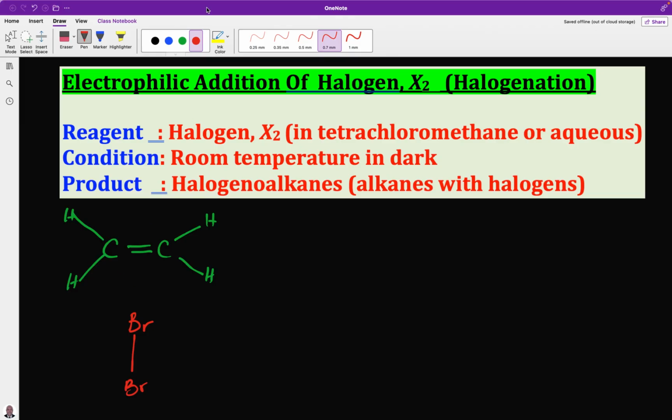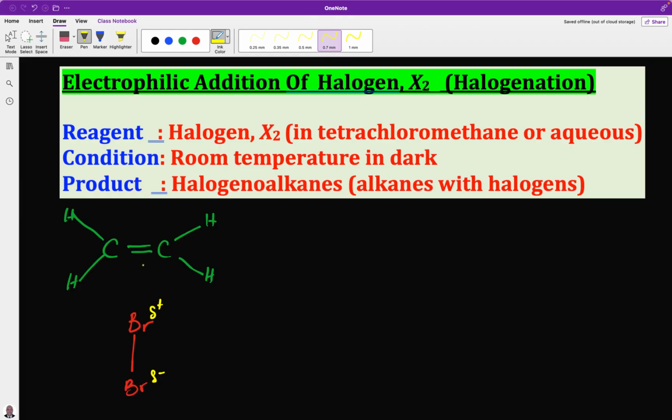Now, when it induces a dipole into this bromine molecule, what happens? A dipole is established. This is a cloud of high electron density of the pi electrons. As this molecule is approaching this cloud of high electron density, a dipole is induced here.